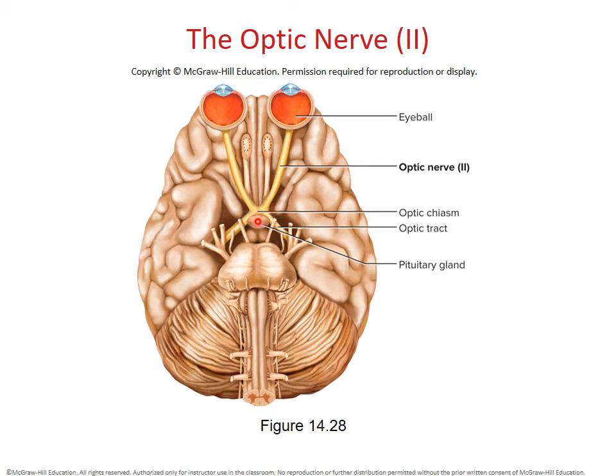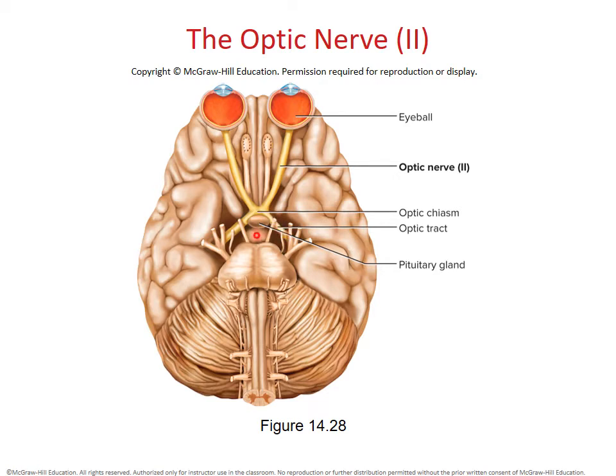Remember, chi is the Greek letter that is most often represented as an X. So once again, this X-like shape is being referred to by the Greek letter chi. So optic chiasma. And what comes out of the optic chiasm and continues on to the brain is technically not called the optic nerve anymore.